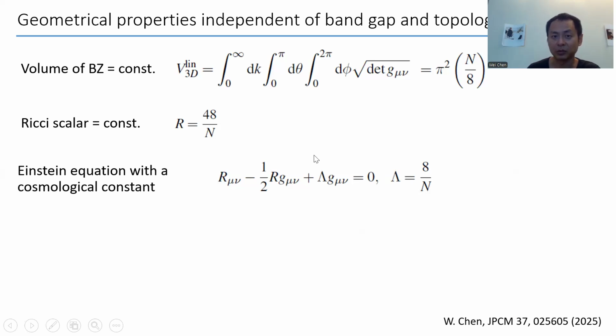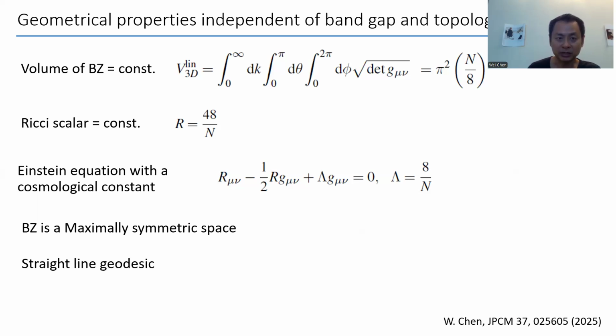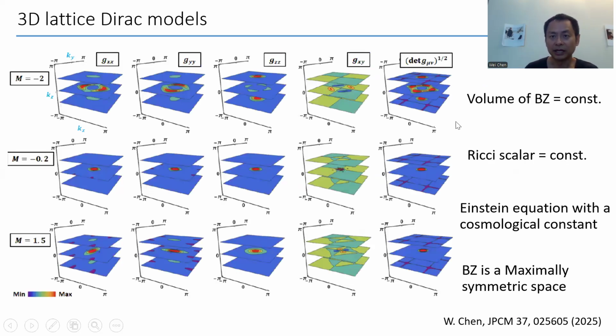In other words, one implies the other. Okay, and once again, the Brillouin zone is a maximally symmetric space, and you still have the straight line geodesic.